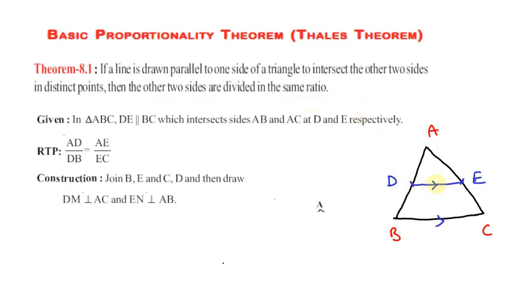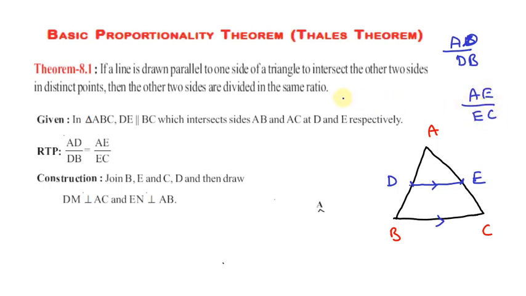See, this DE divides AB and AC in different ratios. DE divides the side AB in the ratio of AD by DB. Then DE divides the side AC in the ratio of AE by EC.